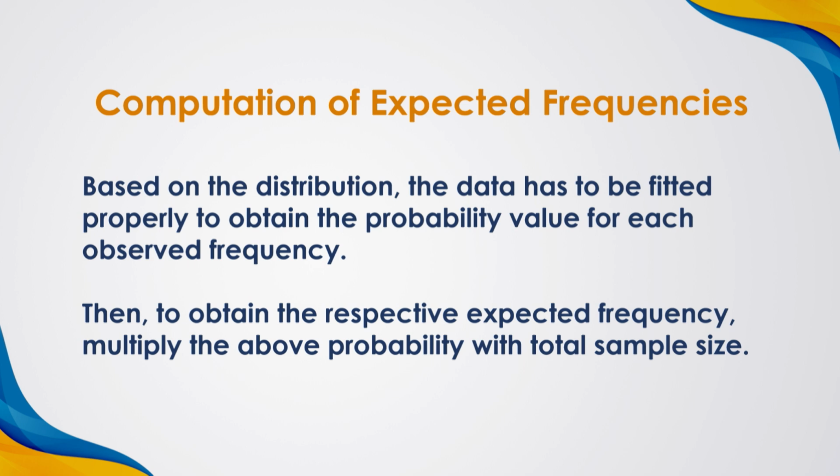Usually if you are going for a binomial or Poisson or normal, whatever the distribution, the fit speaks about the accuracy, how it has been working. With that you can go for your calculation of observed and expected frequency. Thus, to obtain the respective expected frequency, you multiply the above probability with the total sample size, which we did in the earlier case.